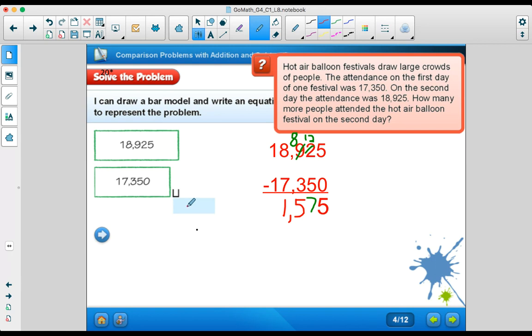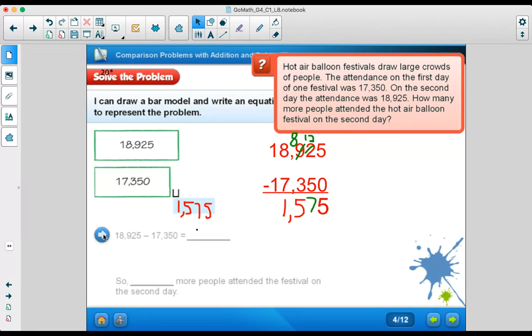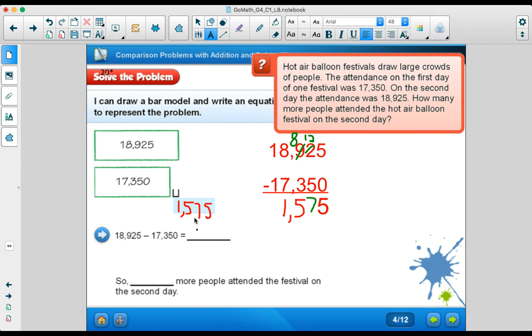So I can say that 1,575 more people attended on the second day than the first day. So in here, I will write 1,575.